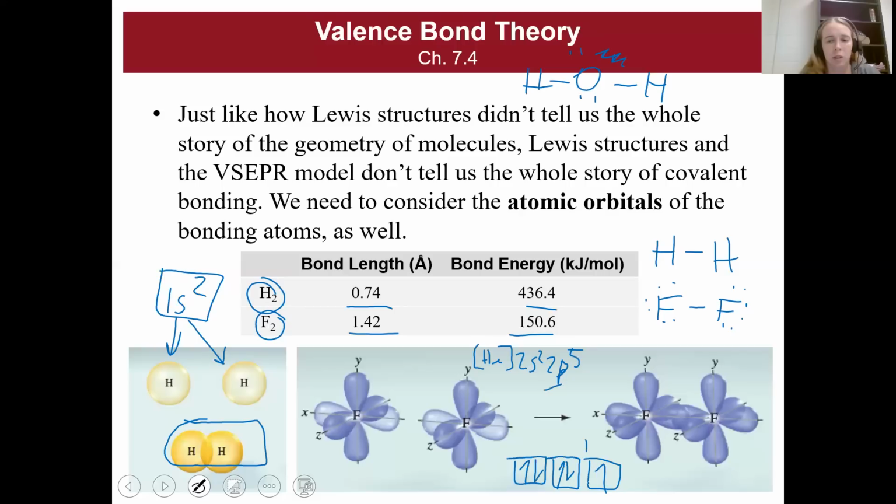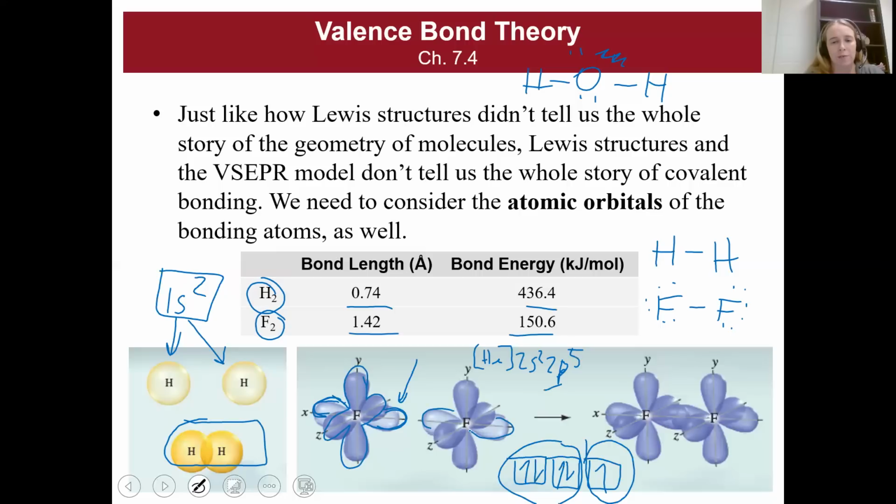So we have one unpaired electron in a p orbital. P orbitals look like this. The two darker blue ones are filled, and this lighter blue one on the x-axis is the p orbital that is not completely filled, the one that needs another electron. Both fluorine atoms look like that.